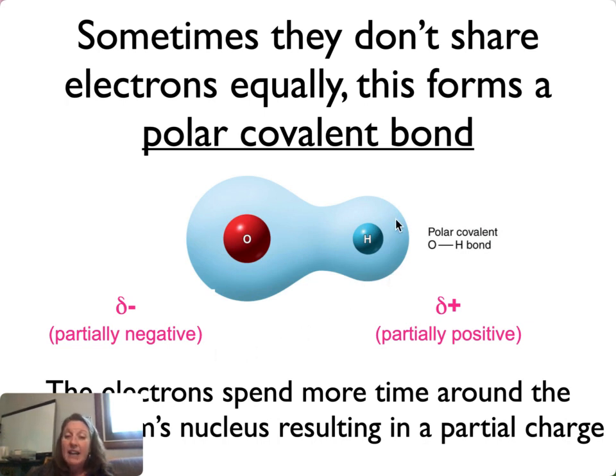Now, because hydrogen doesn't get the electrons as often, the charge on this end is dominated by its proton, its nucleus, and this end becomes partially positive. Because we are separating the charge, we say that this is a polar covalent bond.